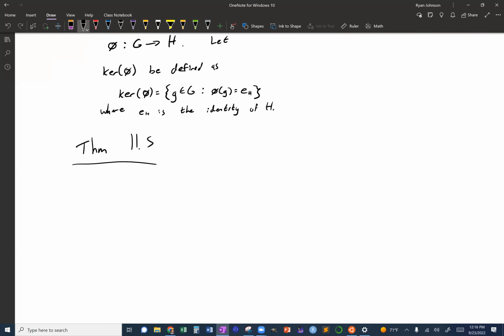It says that basically, if phi from G to H is a homomorphism, then the kernel of phi is a normal subgroup of G. I've heard some people pronounce it differently, and I don't know if that's easier for you guys to call them homomorphisms or homomorphisms. I don't think it matters to me.